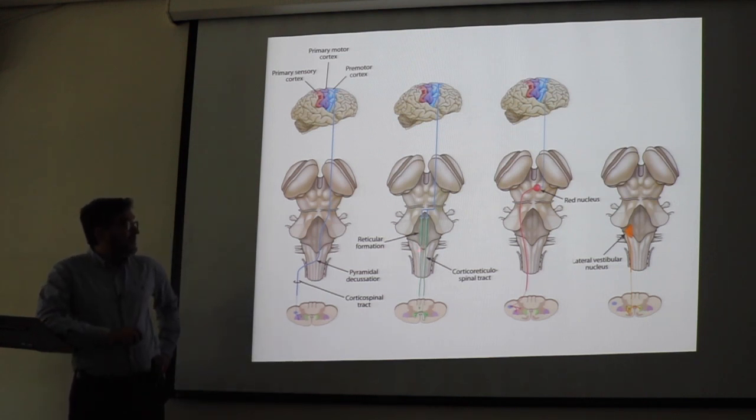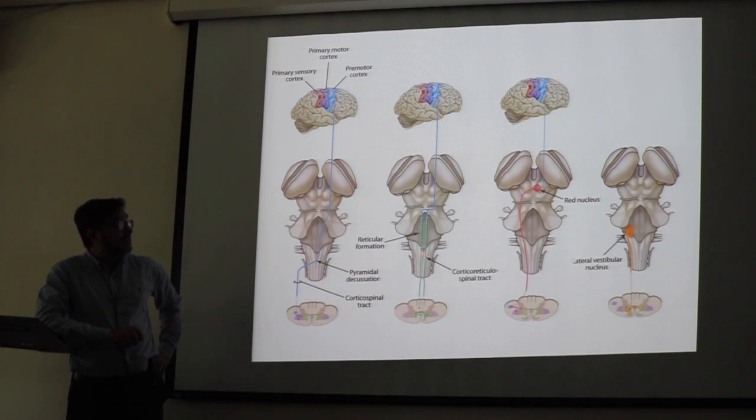Now if you see this reticulospinal tract, it mainly originates bilaterally from the reticular formation in the brainstem. It descends down in the anterior white column and synapses with the lower motor neurons on both sides.